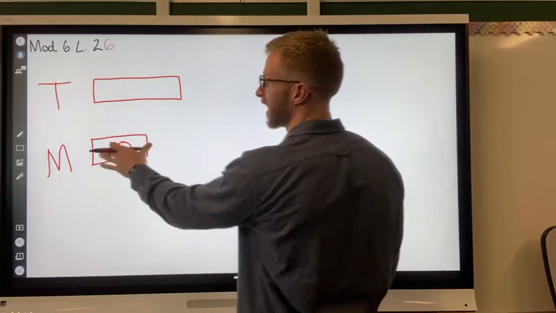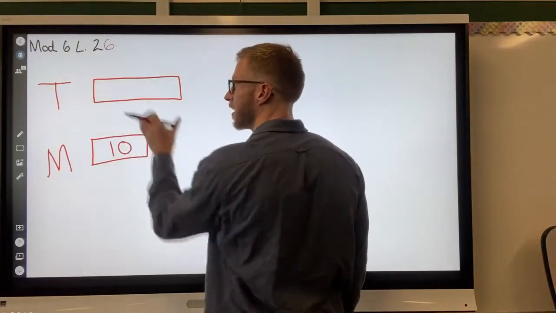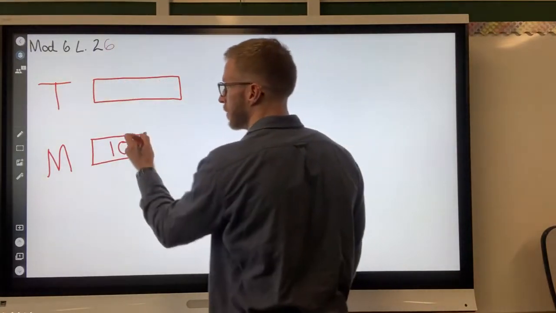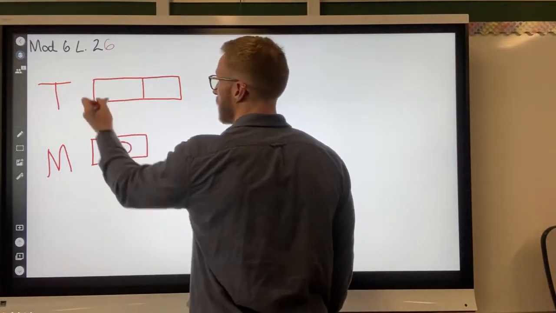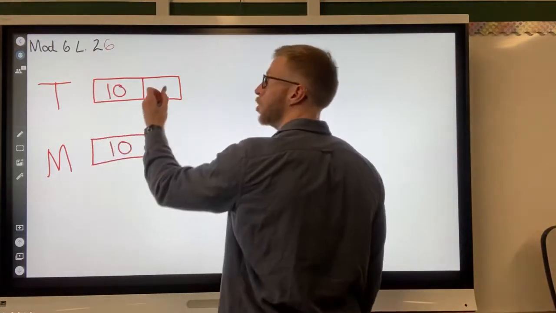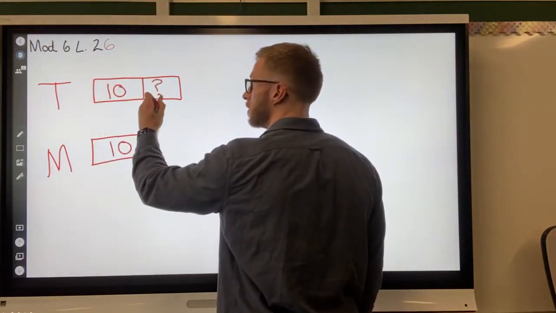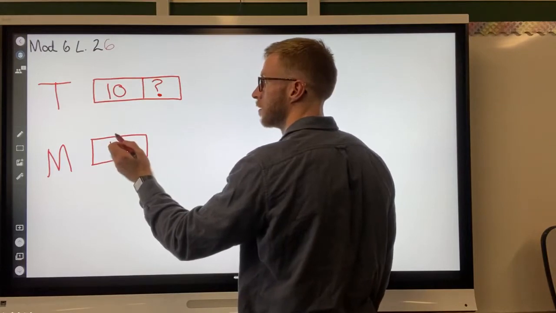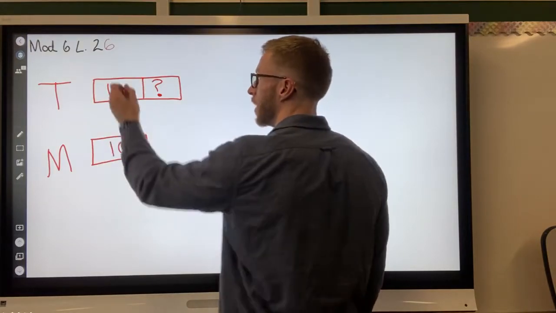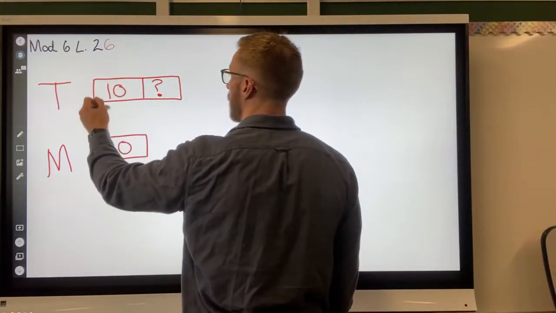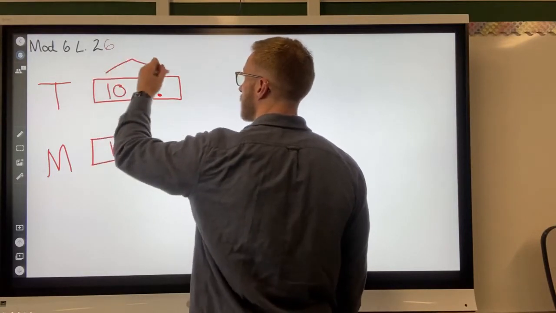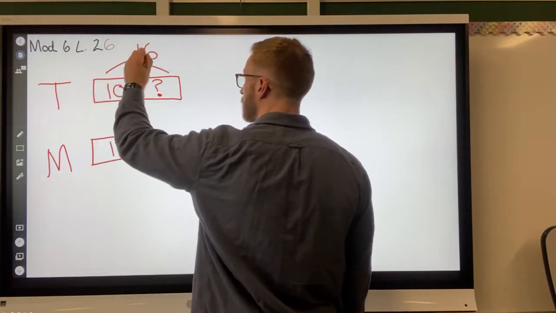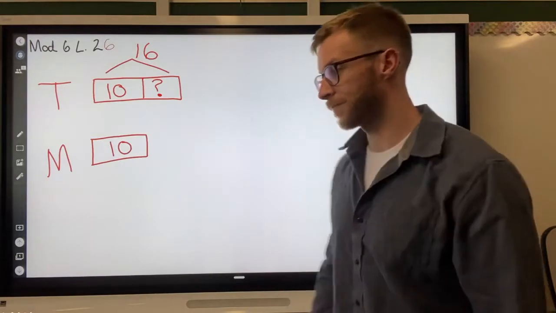I can see that this piece of tape would fit inside of this one, not the other way around. So here, we're going to say this is 10 right here. I don't know how much this is. But I do know that this whole thing is 16. Okay?